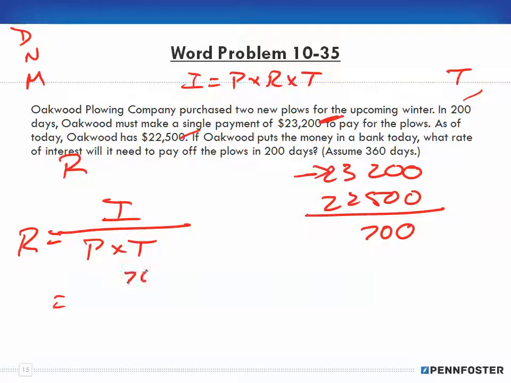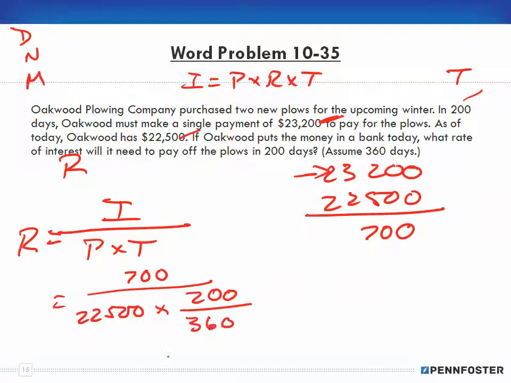So my interest is going to end up being $700. My principal is going to stay the same at 22,500 because that's what I'm putting in the bank in order to collect that interest. We want to know what that rate is, but we're putting it in for 200 days, and we're using 360 as our ordinary method. So that's how we get to those variables.